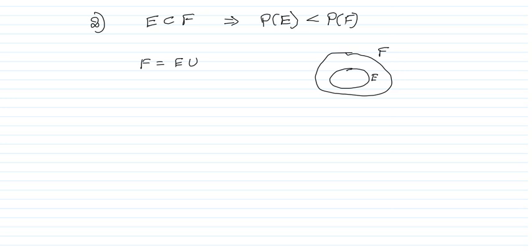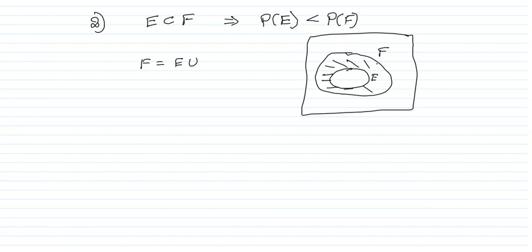You need to write those elements in F which are not in E. Yes, you can take F minus E, but I don't like to use that minus right now. I'd like to use intersection. Can you tell me in terms of intersection?